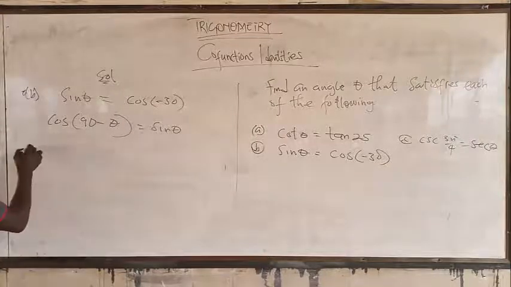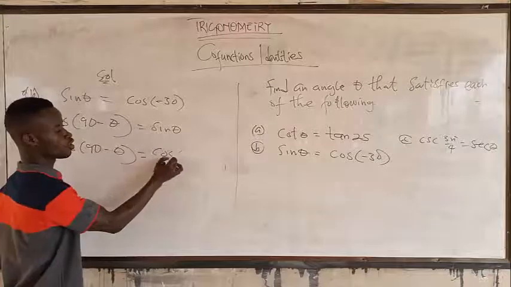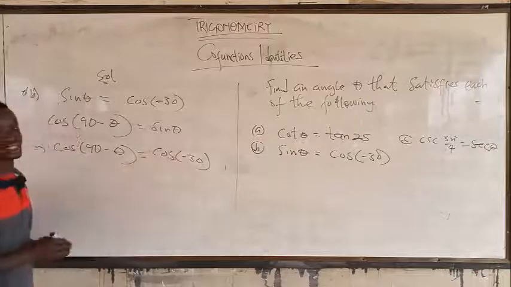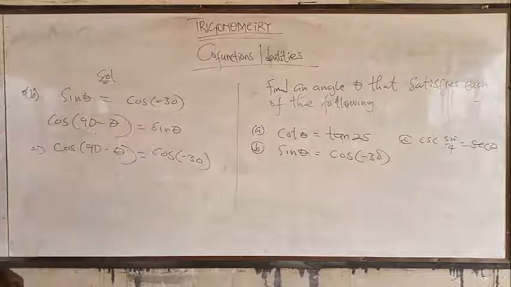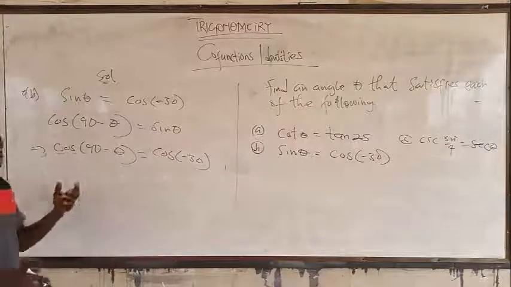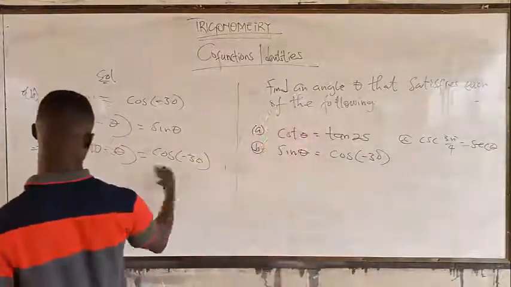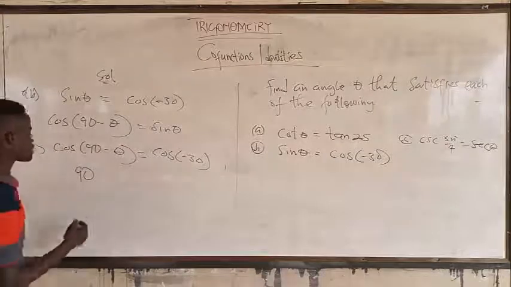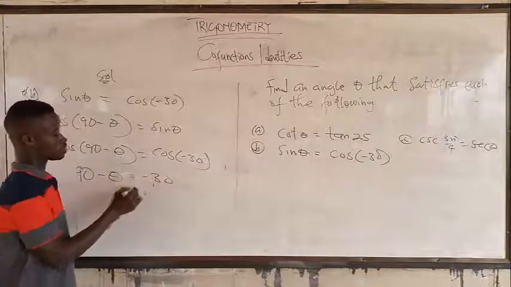Therefore, cos of 90 minus theta is equal to cos of negative 30. Because if this is equal to this, which is an identity, then this is equal to that. So for us to find the argument, theta, we multiply both sides by cos inverse, and it will be left with 90 minus theta equal to negative 30.